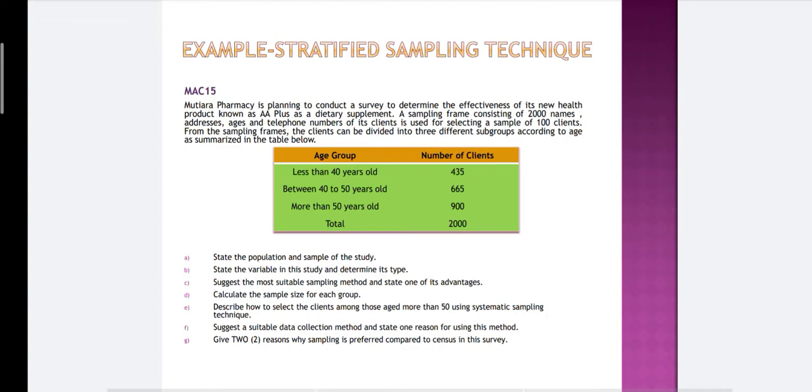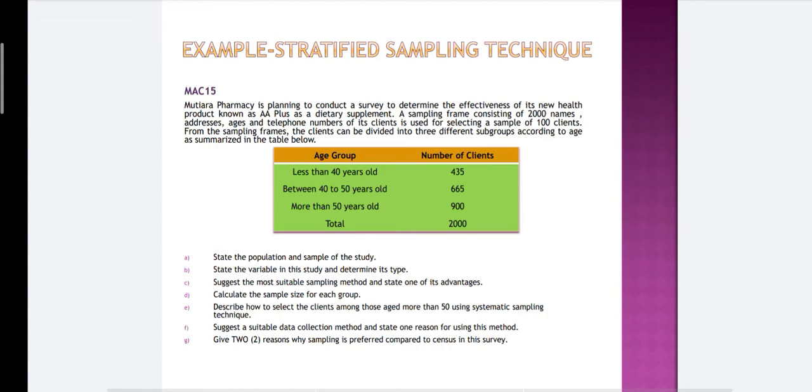Yang ketiga, 900 bahagi 2000 darab dengan 100. So you akan dapat 45.